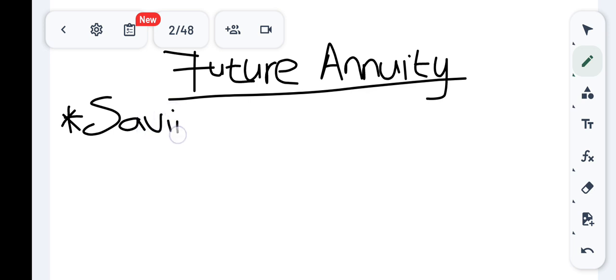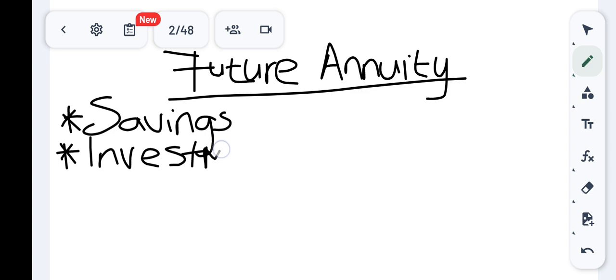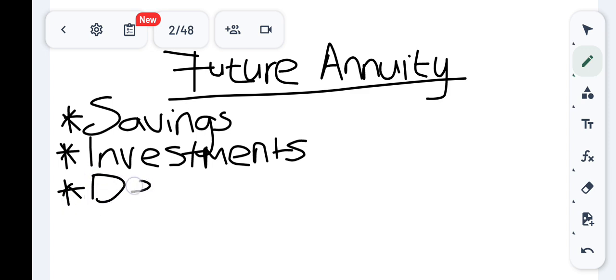You are saving money in your savings account. Maybe you are doing a regular payment of 500 per month. Again, investment. When you deposit maybe 500 per month into your savings account, that is future annuity.